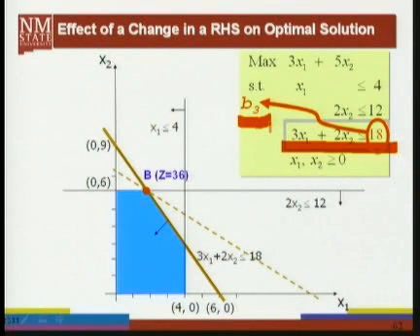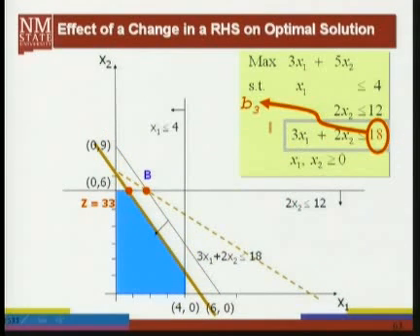Now let's see, for what values of B3 the current basis remains feasible. If B3 is decreased to 10, for example, what happened? The plant number 2 and number 3 constraints are binding at an infeasible point, having x1 less than 0.